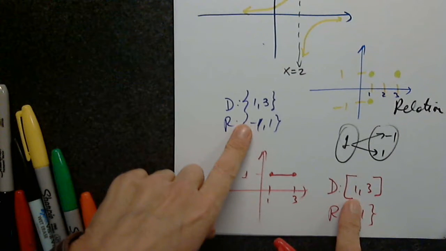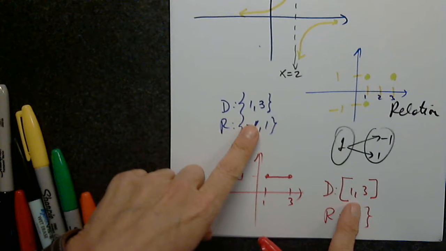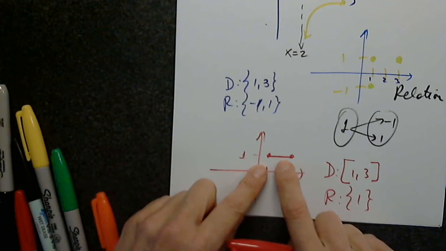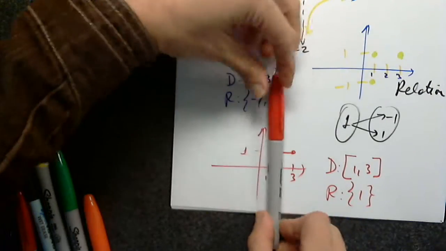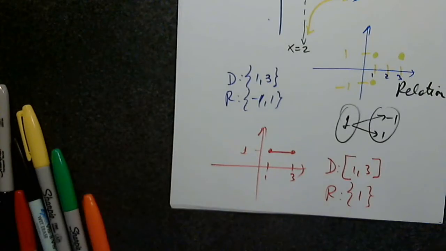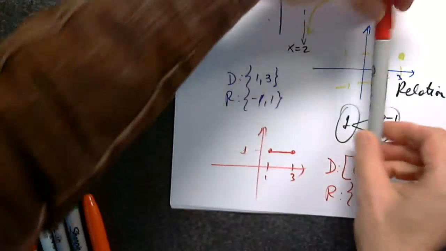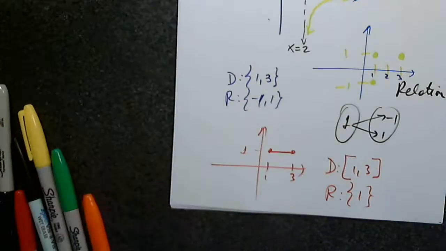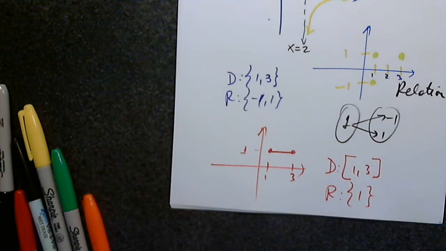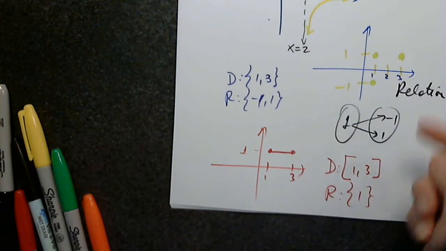Which one is not clear? The diagrams look the same, so what's the difference? Infinitely many numbers between 1 and 3 versus 1 and 3, when x is 1 and when x is 3.